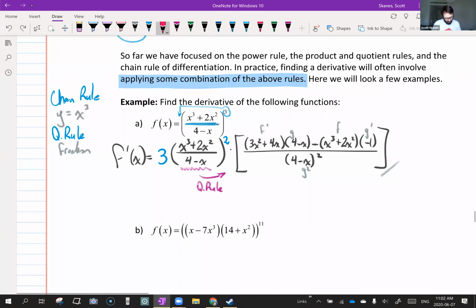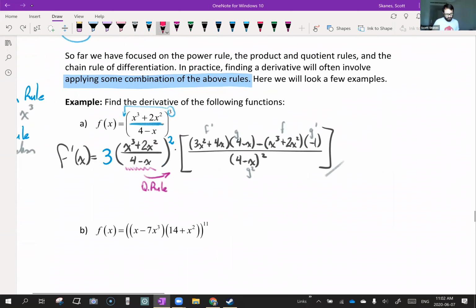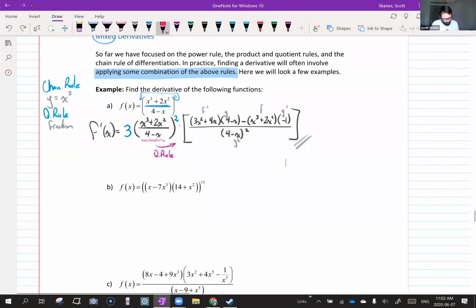Let me show you how the power would work. Because this is a good question. A lot of students try to do the same thing. Remember what a cube means is multiplied by itself 3 times. So what you'd actually have to do is write it out once, and you'd have to multiply it by itself.